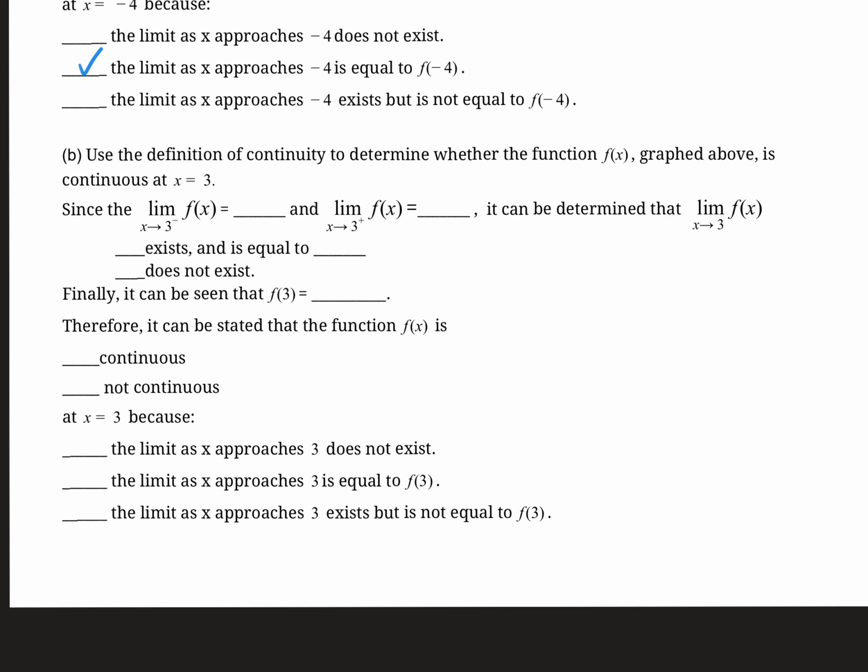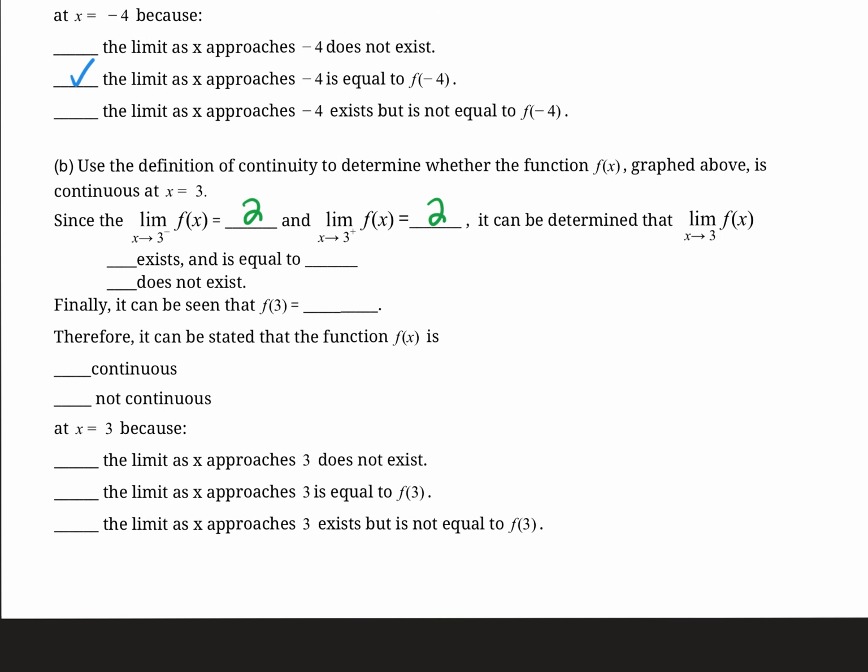I said when x approaches 3 from the left, it looks like it's going to be 2. When x approaches 3 from the right, also looks like it's going to be 2. Now, because of that, it can be determined that the limit as x approaches 3 of that function does actually exist. So it exists and it's equal to 2.